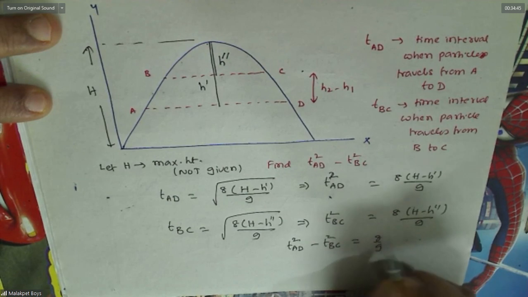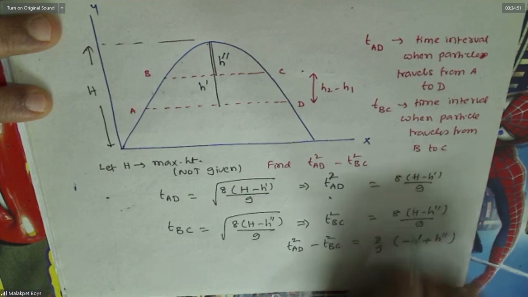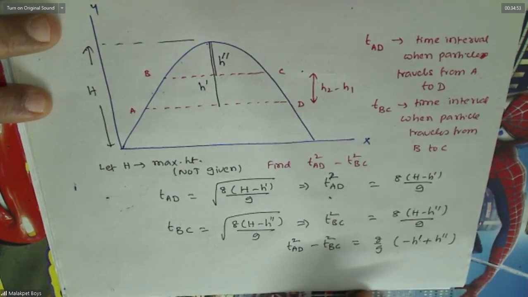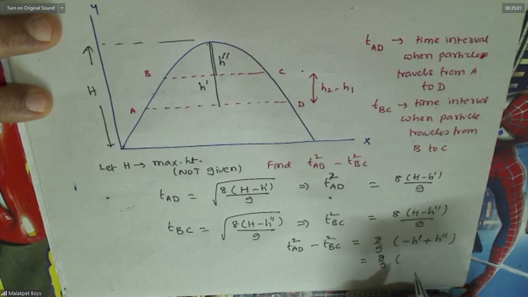So 8 by G, what you'll get? Minus H dash plus H double dash. Now you subtract these two. Do you agree with this or not? Agreed, sir.